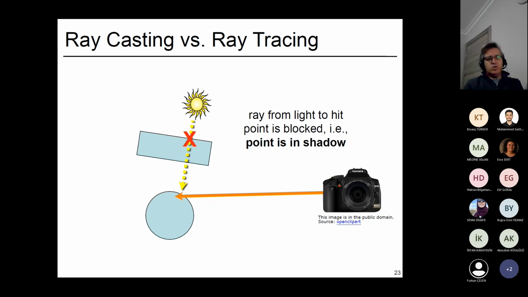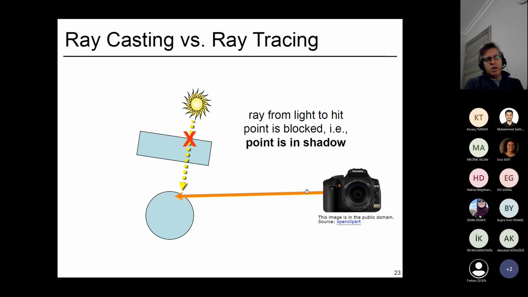So you cast a ray here, then you know where your thing is. But to look at the secondary, ternary effects of light hitting here, you can use ray tracing.